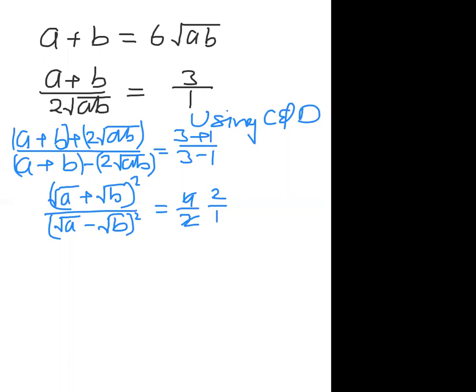That is 2 by 1 also I could write. Now I am removing the square from the left hand side, so the square root will go to the right hand side. So I could write it as under root A plus under root B upon under root A minus under root B. The square goes to the other side, so the square root of 2 will be root 2, and of 1 will be 1.